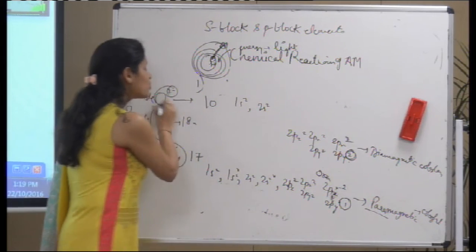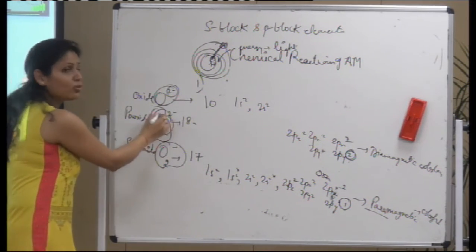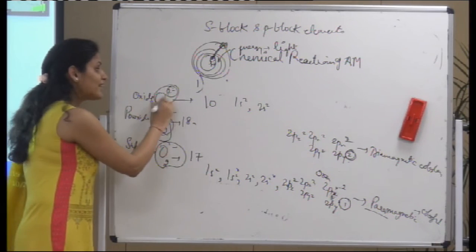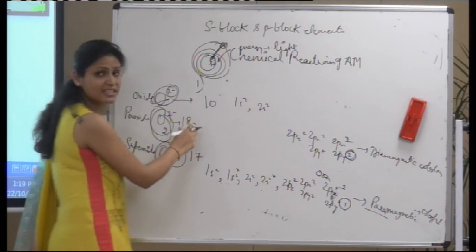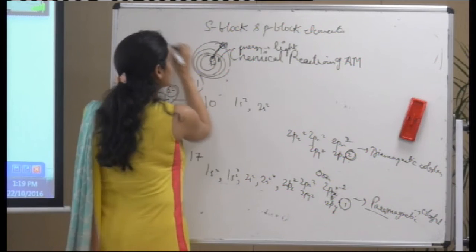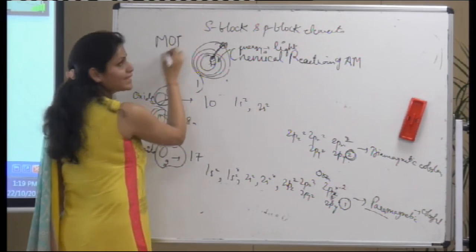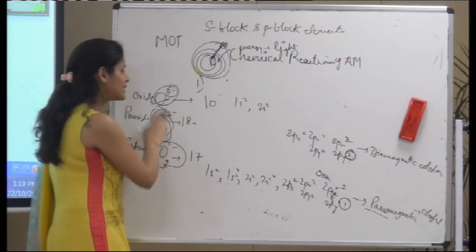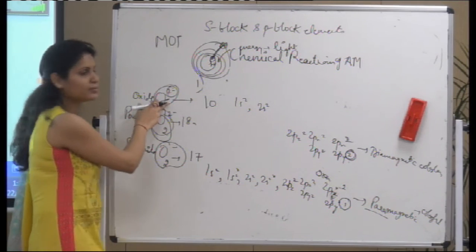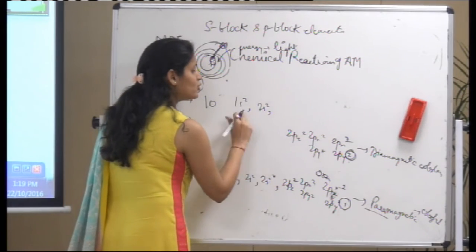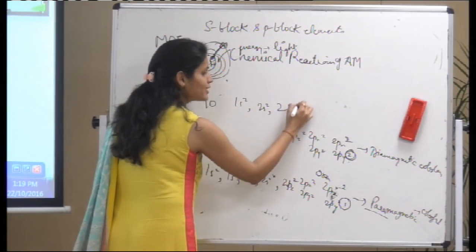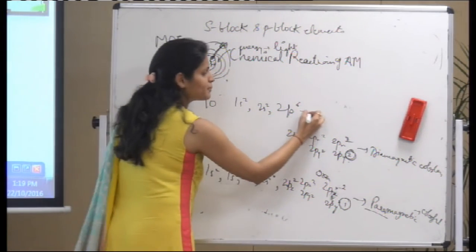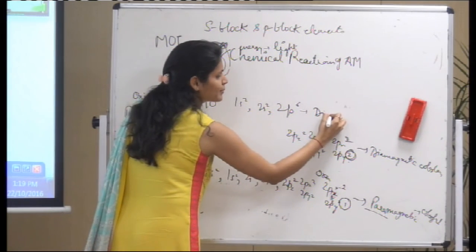This is not a molecule like O2; this is again only an atom. This is the difference, make sure. MOT is molecular orbital theory, applied to molecules, but this oxide ion is an atom-like species, and hence its electronic configuration would go 1s2, 2s2, 2p6. Hence there is no unpaired electron, it is diamagnetic.